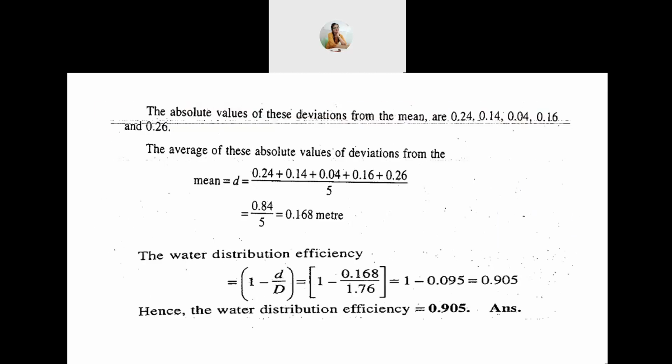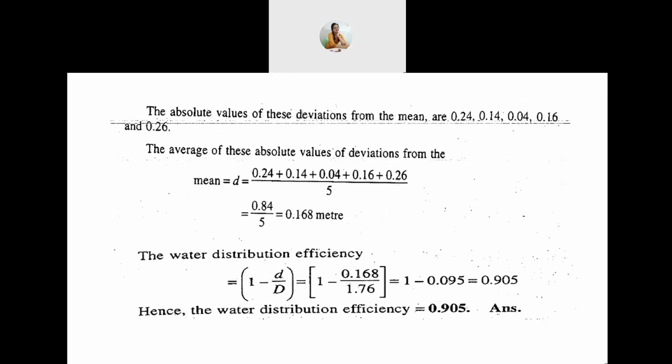The absolute values of these deviations from the mean are 0.24, 0.14, 0.04, 0.16, and 0.26. Now we have to find the average of these absolute values of deviations from the mean, which is small d. That is 0.24 plus 0.14 plus 0.04 plus 0.16 plus 0.26 divided by 5. By calculating, we found the answer is 0.168 meters.